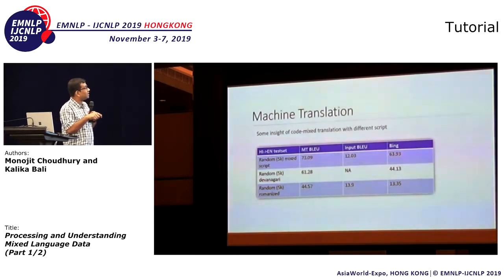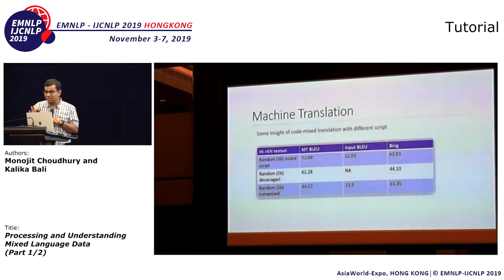And here we have minimal gain. The reason is that the copy model works really well here, which is what it's used to doing. You have mixed script, so you just translate the Hindi to English, and the English you just copy. That basically doesn't create any kind of problem.